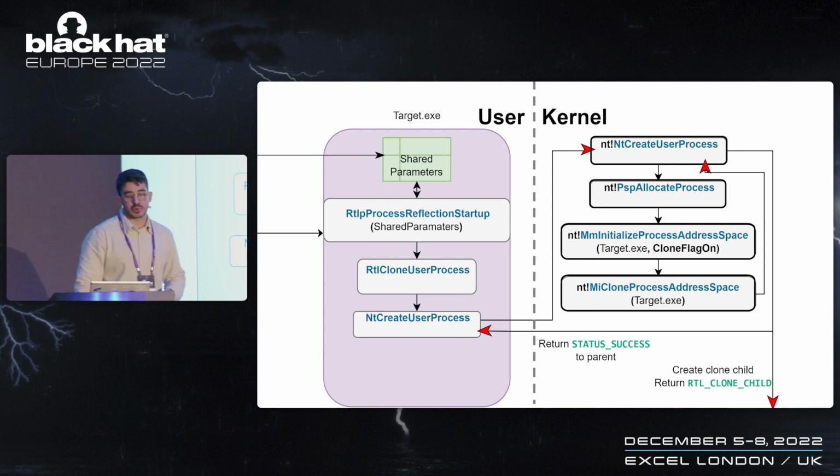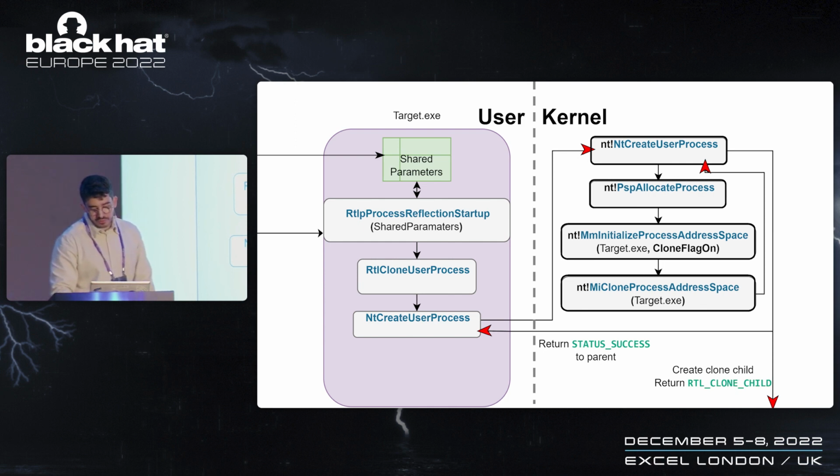The kernel side of things looks pretty similar, starting off with the kernel side of NtCreateUserProcess, moving along to PspAllocateProcess for process creation in the kernel, but things start to get different when moving to this API, MmInitializeProcessAddressSpace. And this time around, the Boolean flag that signifies this is a clone operation is turned on because of the parameters that I've inserted to NtCreateUserProcess that point to a parent attribute.